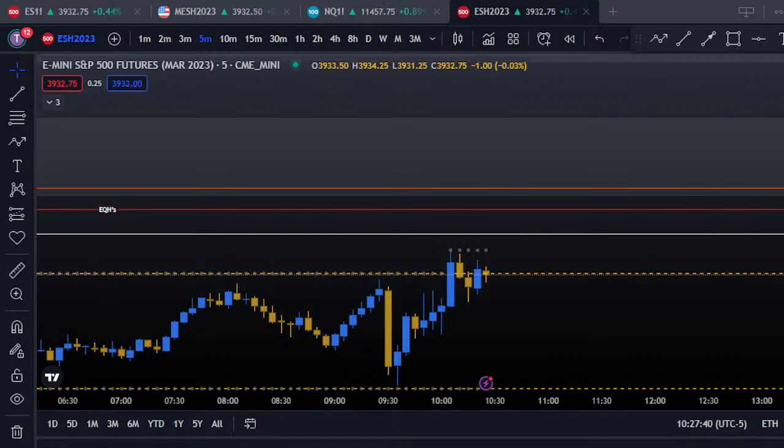It's nothing right now. Even if price does come up, it's just nothing for the way I trade, for my particular setup. Price is just playing around, man.